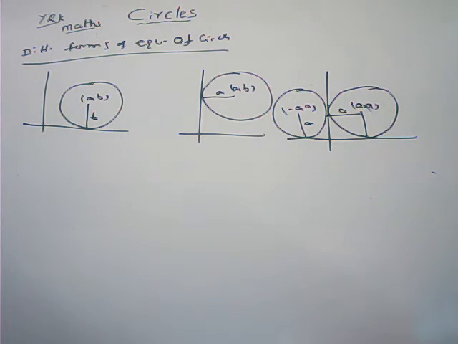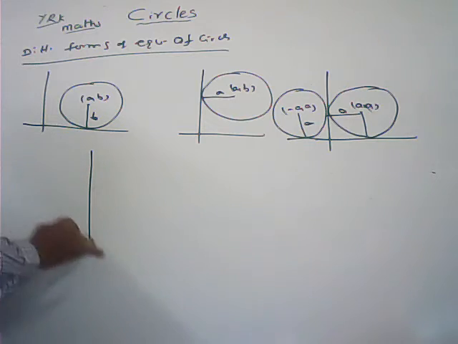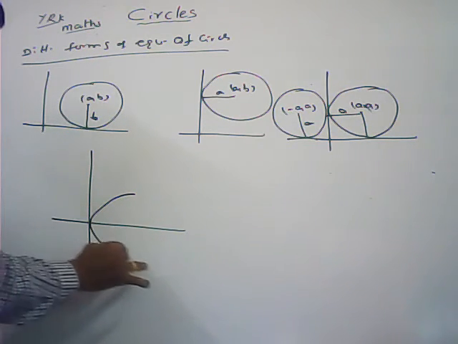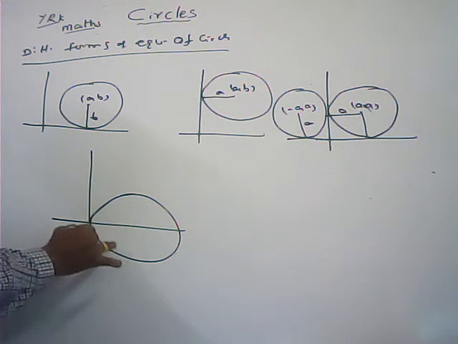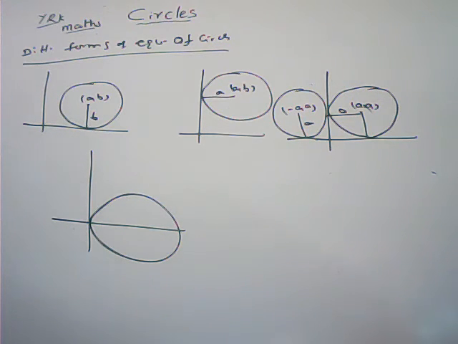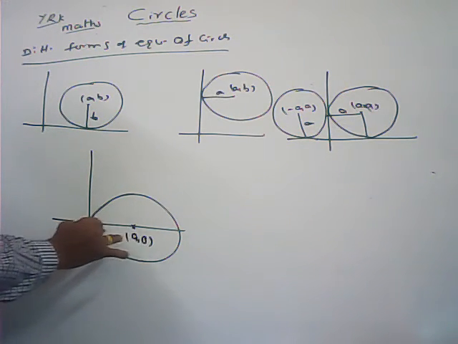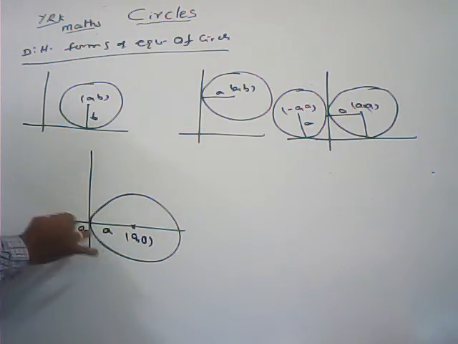Next, when the circle passes through the origin and touches the y-axis at the origin, the center lies on the x-axis only, so the radius is equal to a.